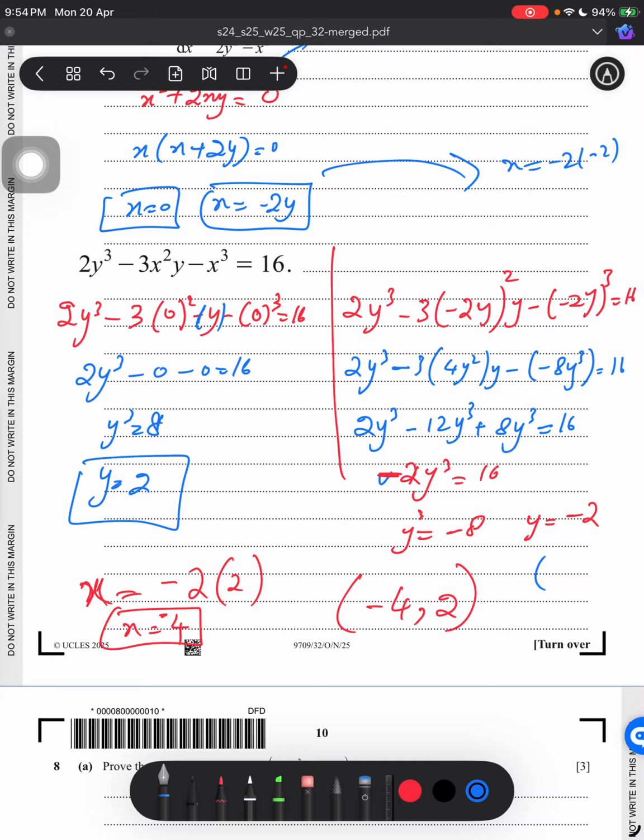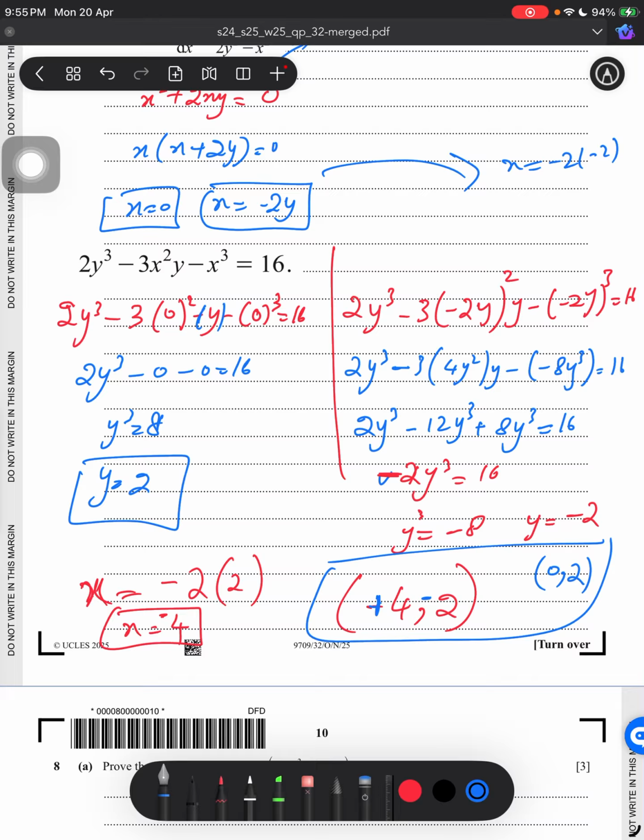This was +4 when we have the y. Y would be -2 and the other value will be 0. If you take x as 0, then y would be just 2. So you'll have these two.